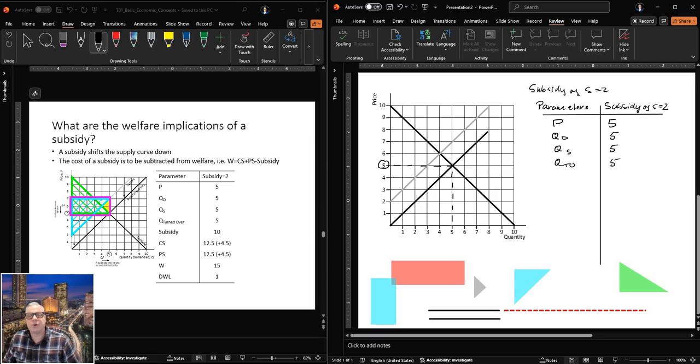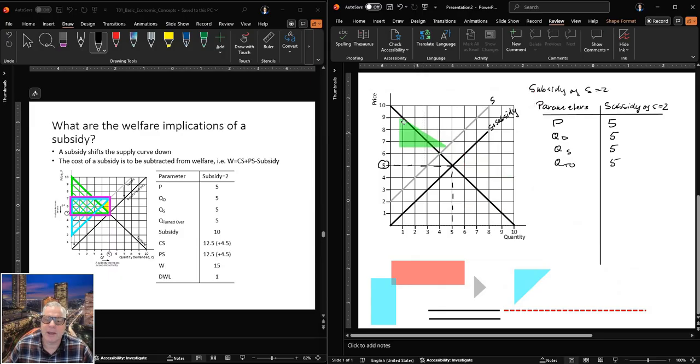Okay, and again, this was the old supply, and this is the supply plus subsidy. Okay, so the consumer surplus, that's pretty easy. The consumers, they will pay 5, and the consumer surplus is the area underneath the demand function, all the way to the quantity turned over, up to 5.